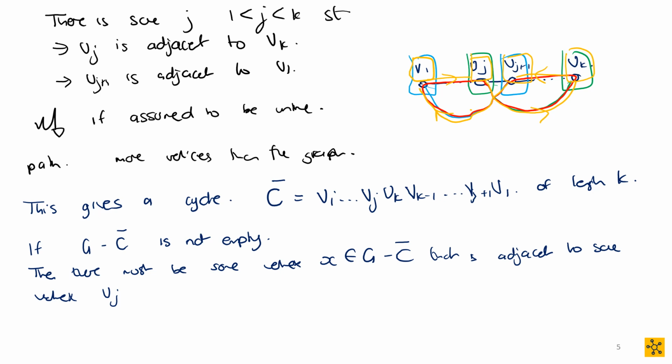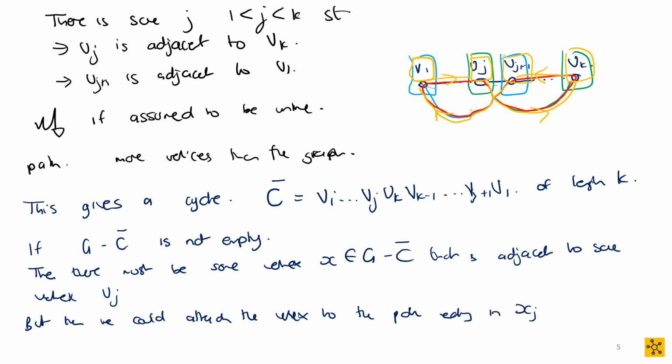Just by the idea of, when we were creating the path, if you go back to how I described that. But then we could attach the vertex to the path ending in Vj.